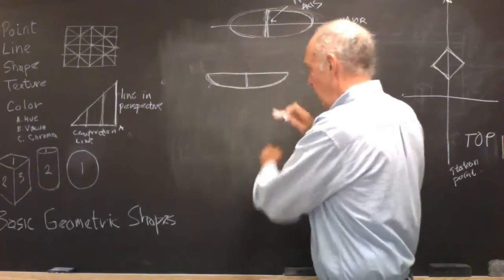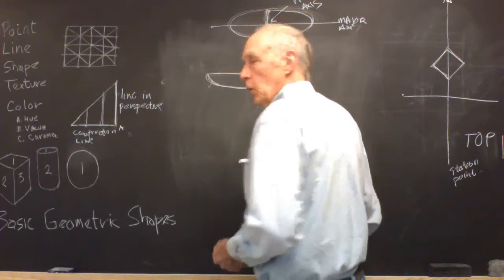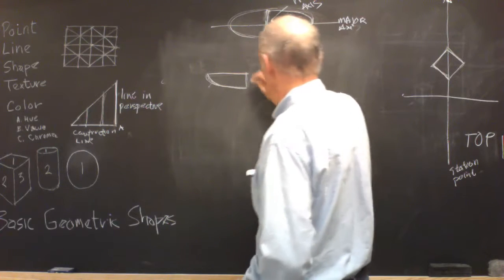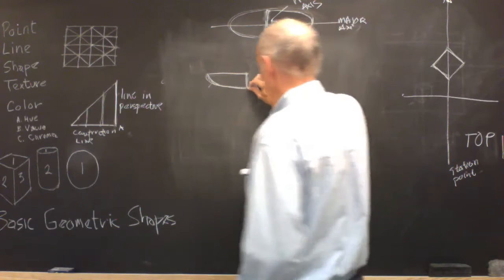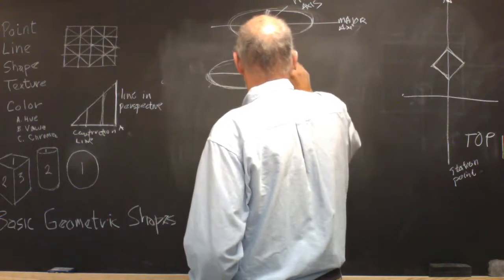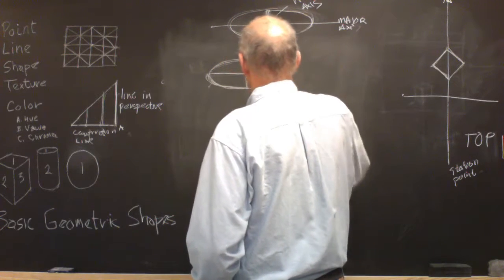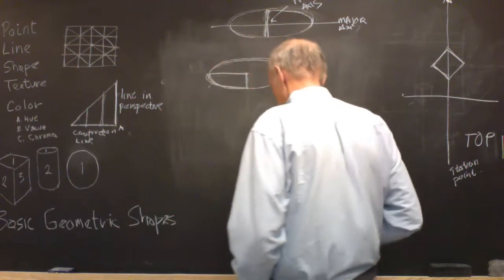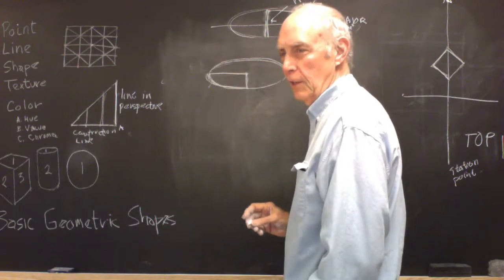And if I would fold it again, it would coincide this way. So when you're drawing ellipses, you have to maintain that look. If you don't, you've drawn an incorrect ellipse.